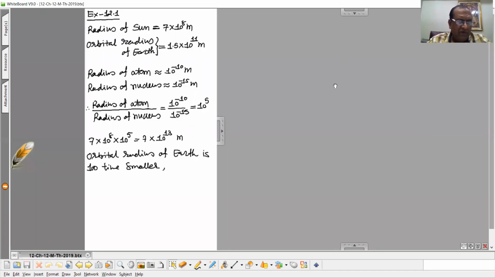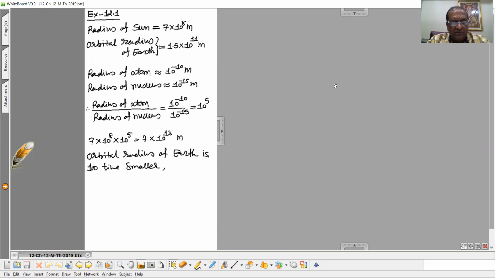Example 12.1. In Rutherford's nuclear model of the atom, the nucleus, radius about 10 raised to minus 15 meter, is analogous to the Sun, about which the electron moves in an orbit having radius 10 raised to minus 10 meter, like the Earth orbits around the Sun.